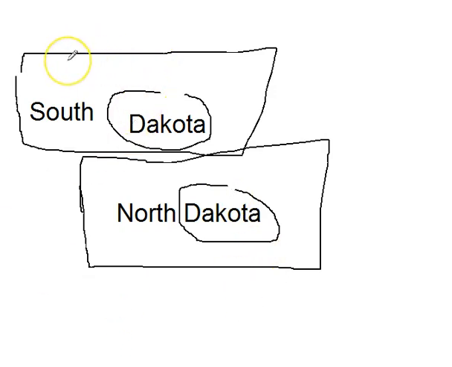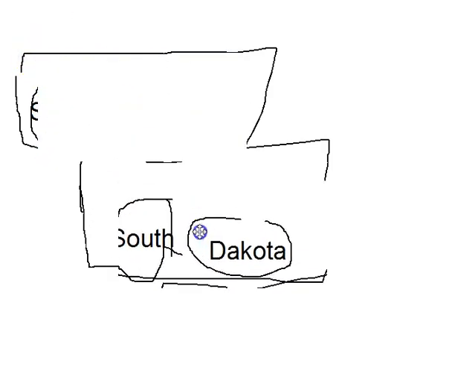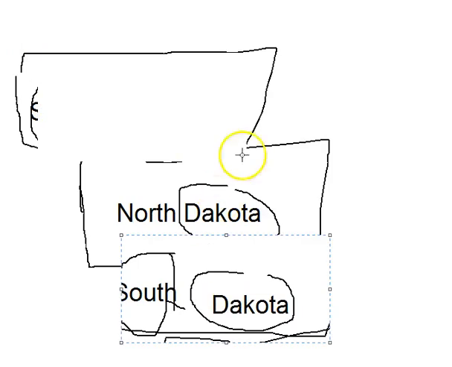So the thing is, South Dakota is located north of North Dakota. That's why it's called South. No, actually, South Dakota is located south of North Dakota. That's why it's called South Dakota. Let me go ahead and use this MS Paint thingy. Fantastic program. I can just do it like that.